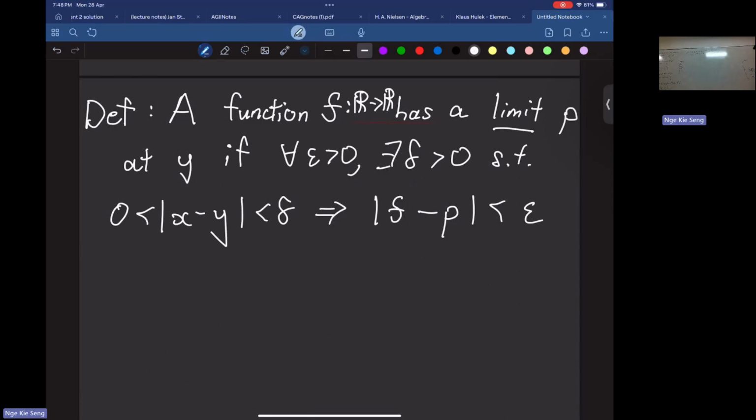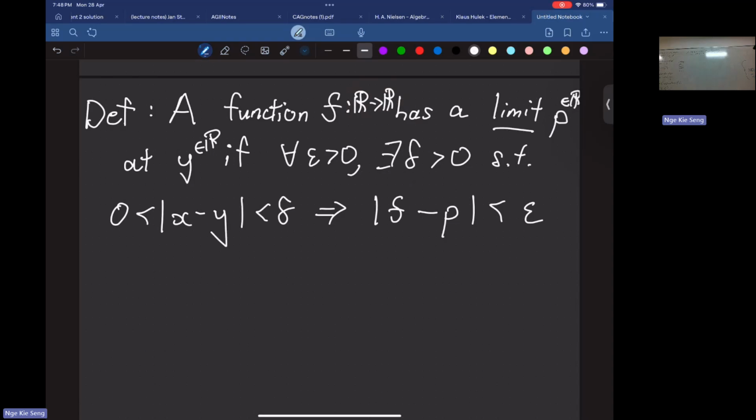Okay. So where are this p and this y? What are these p and y here? Live in where? Are you guys familiar with this notation here? R here, real numbers. So this p and this y should also live in real numbers. Well, these two real numbers are a bit different.